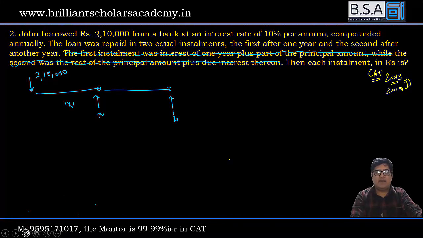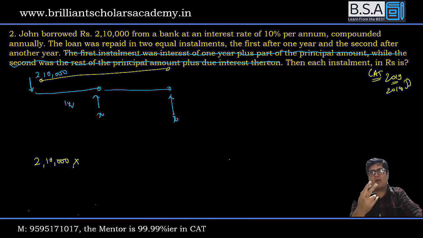So what is happening here is this loan was active for 2 years. So 2,10,000 rupees was active for 2 years at 10%. I could write it as 1.1 for 2 years.